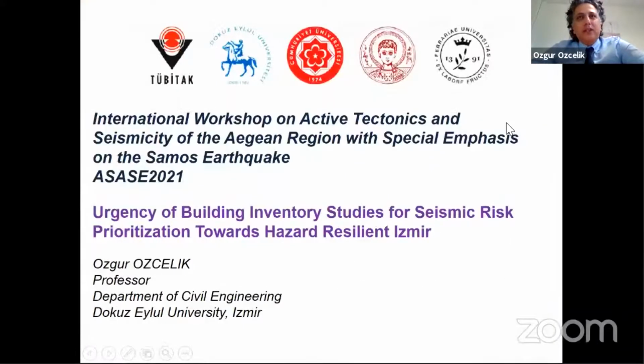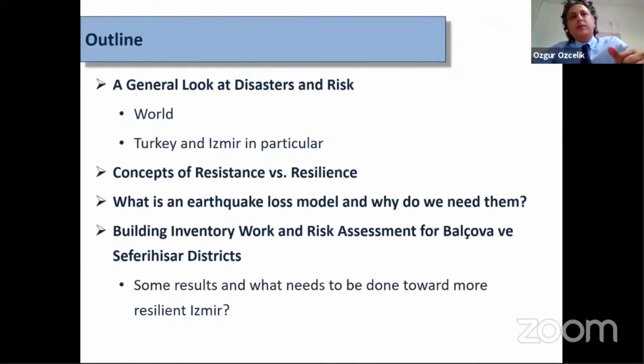So, urgency of building inventory studies for seismic risk prioritization towards hazard resilient Izmir is the title of my presentation. The outline is as follows. I'm going to take a general look at what is disaster, what is risk. I'm going to look at world and Turkey and Izmir in particular. Then concepts of resistance versus resilience.